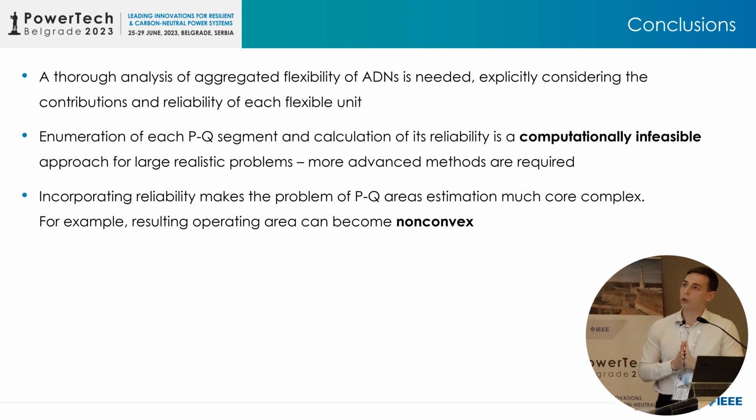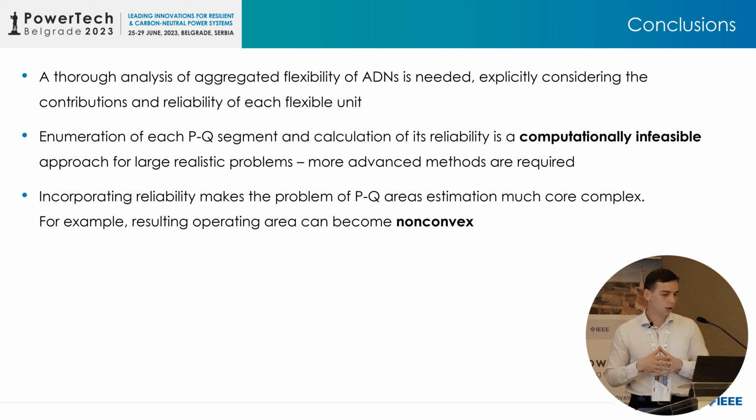Okay, coming to the conclusions, we demonstrated that a thorough analysis of aggregated flexibility in distribution networks is needed, explicitly considering contributions and reliability of each flexibility provider. In this work, we applied a simple method enumerating each PQ flexibility segment, but this approach is not computationally feasible for large systems, so more advanced methods are required.